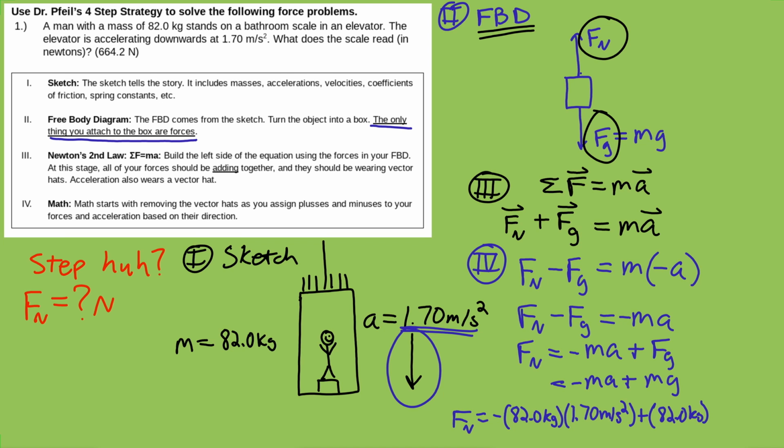And then for g, that's going to end up being 9.8 meters per second squared.